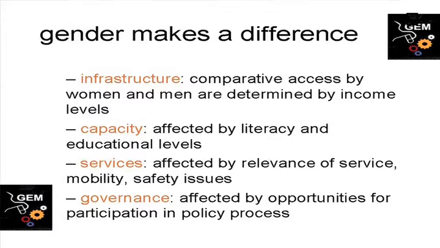Mobility is affected by many things, not only distance, but also by what women are allowed to do, or what the obstacles are for women in going to places. And mobility is affected by safety. If it's not safe, we will not be mobile.